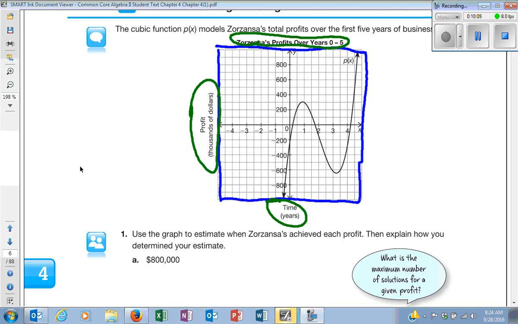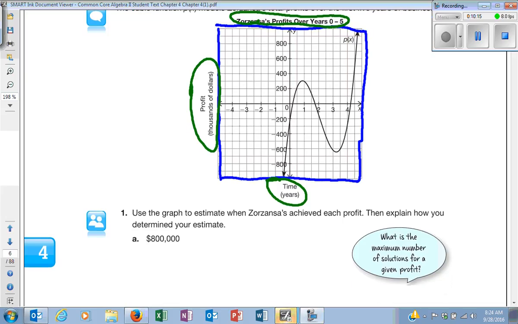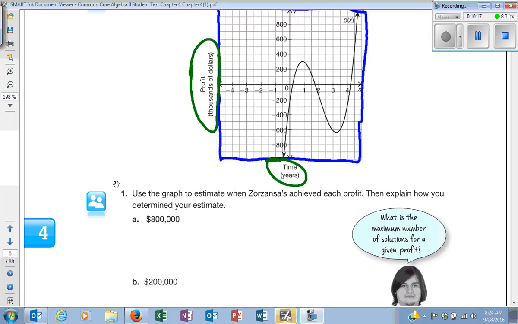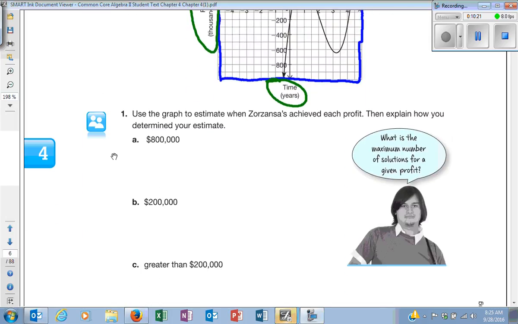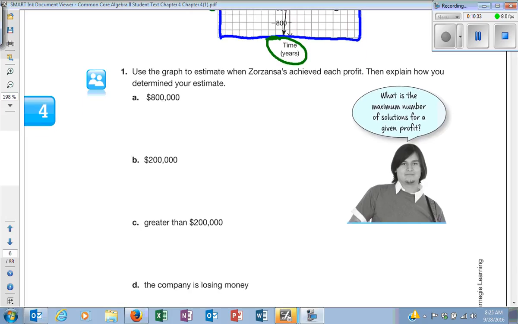Because now when I go, if you would have read this, to be honest, and I did it myself, so I'm not saying anything bad about what you probably did. Most of us would probably look at this graph, we'd actually probably skip over it, and we go right to this question right here and start reading it. We go, determine, use the graph to estimate when they achieved each profit, then explain how you determine your estimation. 800,000.